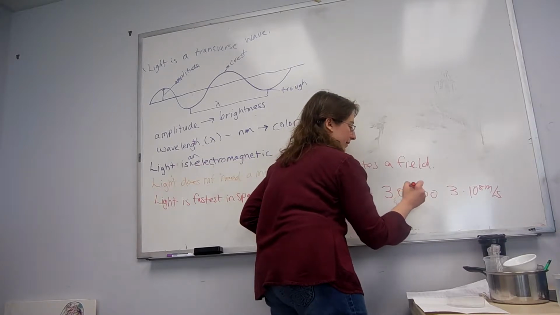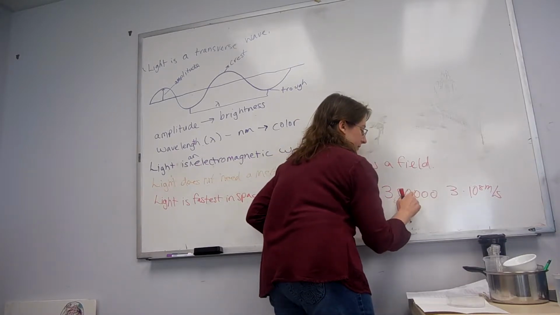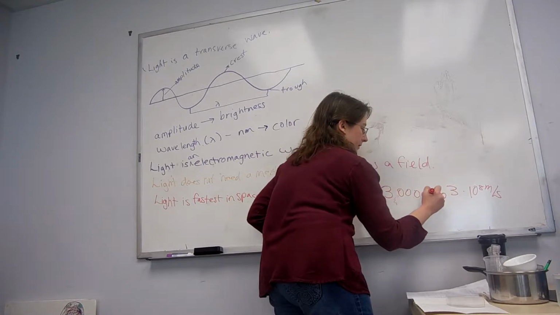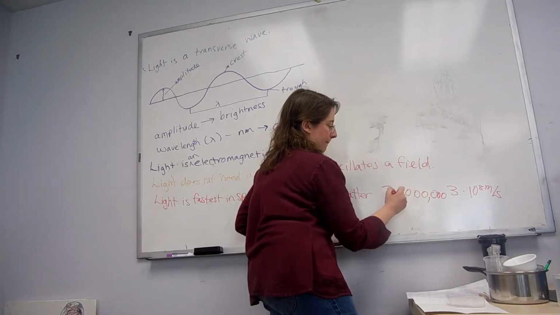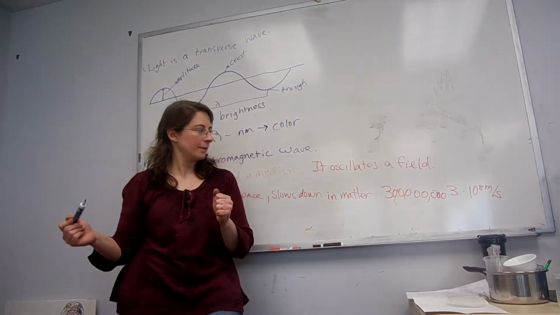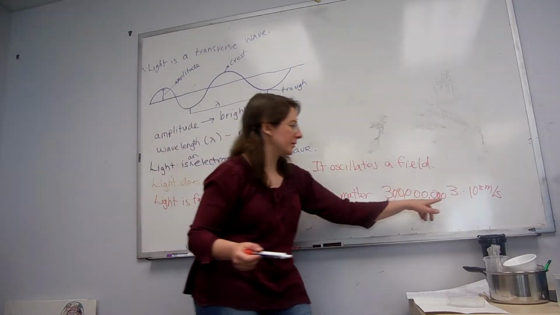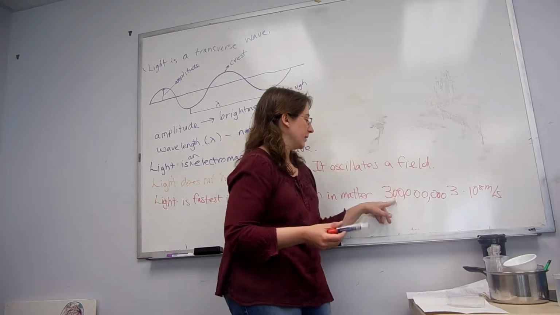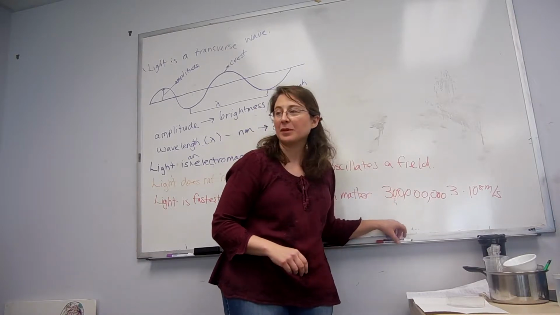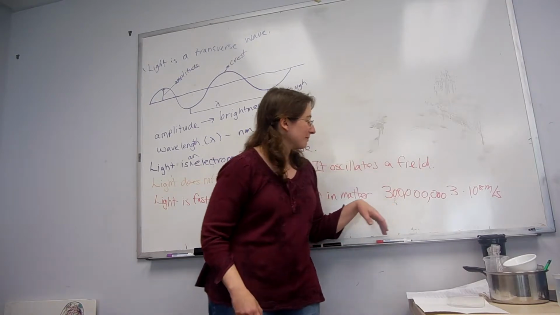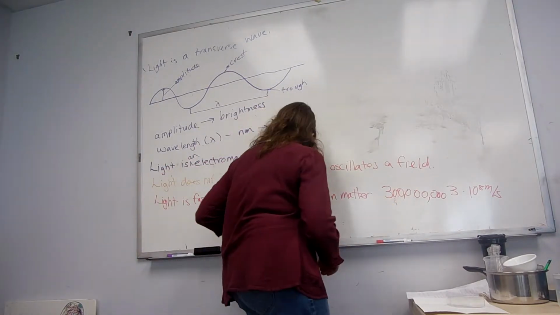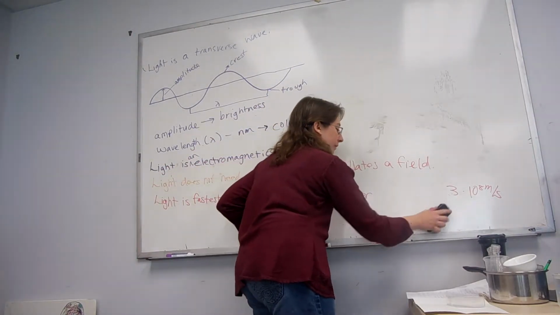Right. 1, 2, 3, 4, 5, 6, 7, 8. Okay, 3 times 10 to the 8th meters per second. So very, very fast. I just like scientific notation better, I'm not going to remember all those zeros.